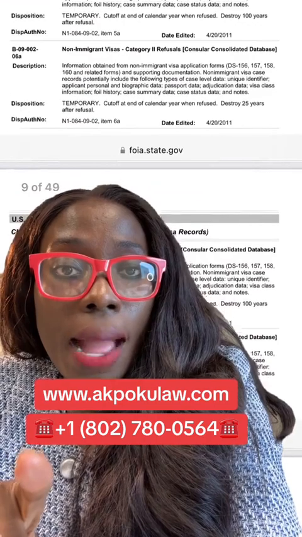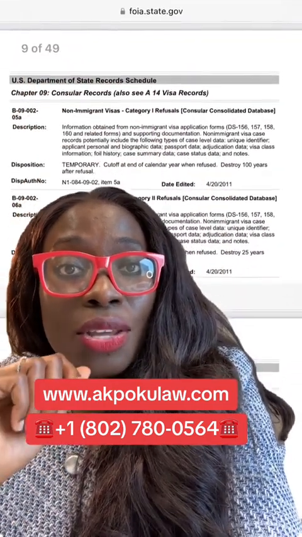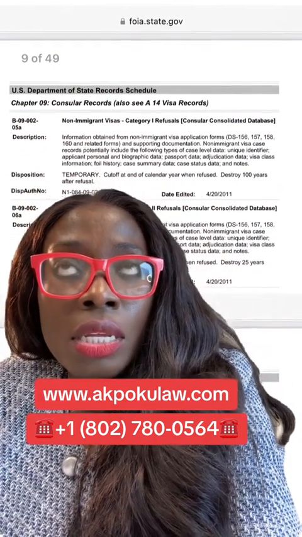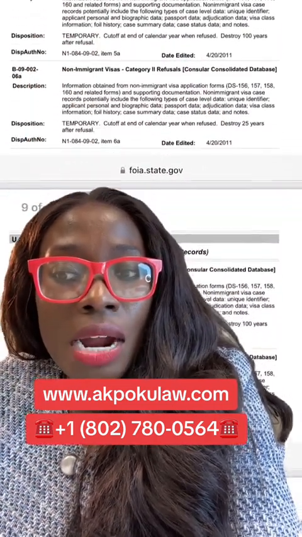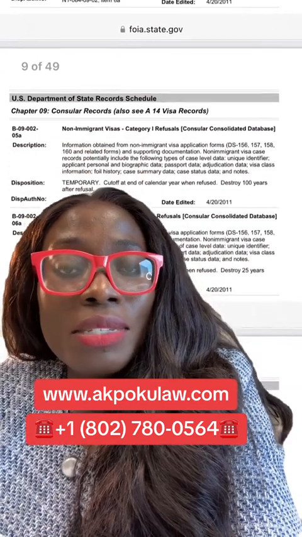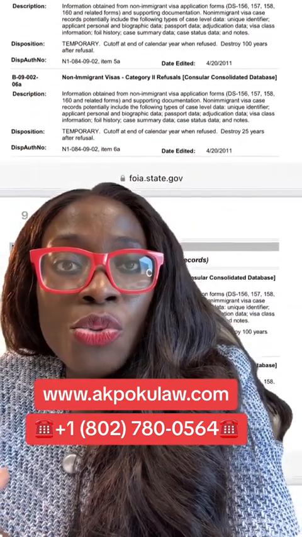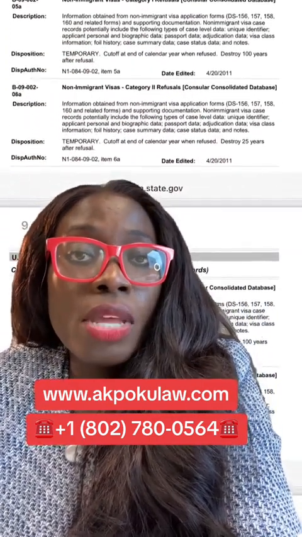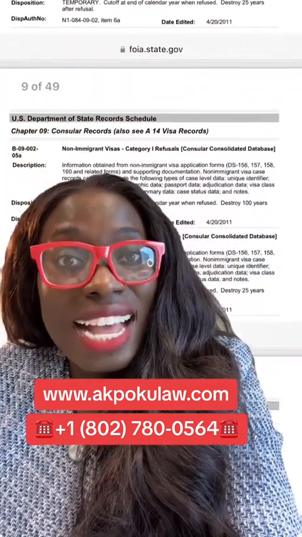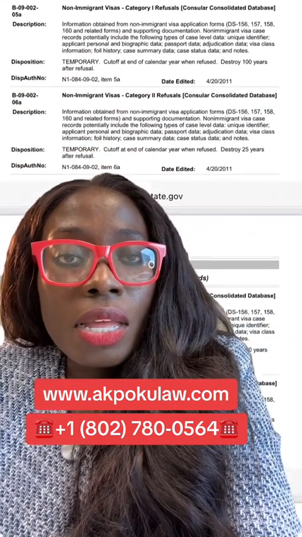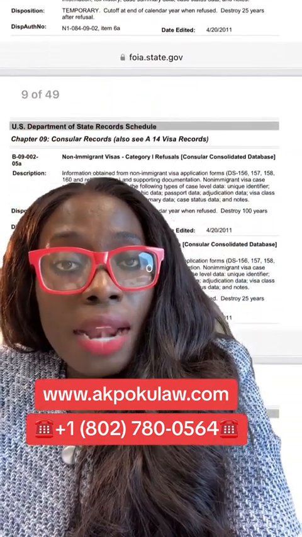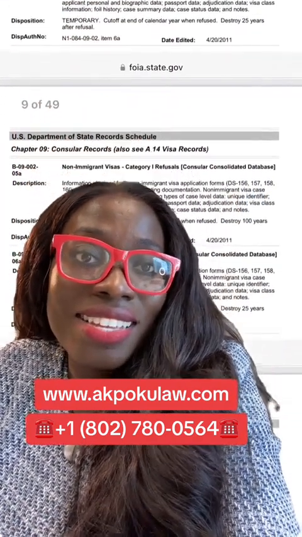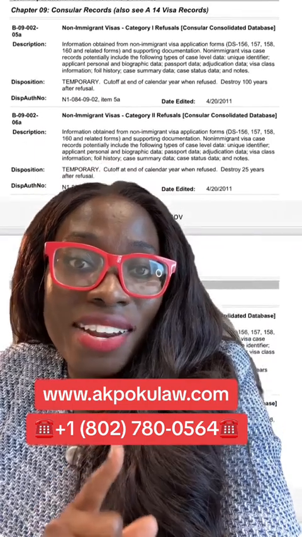Now, if you take a look up here, the category 1 refusals are generally refusals that cover ineligibilities, inadmissibilities, such as where you've been accused of misrepresentation or fraud, and so your B2 visa or your F1 visa has been denied. Now, category 1 refusals are only destroyed after 100 years. They keep those records for 100 years.